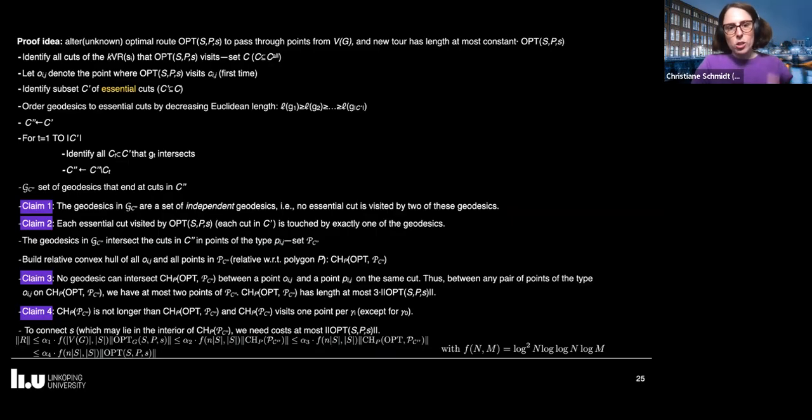The things that we need to show are all of these claims, and I'm not going to do all of them. I'll just do one very easy one and one that has a few more geometric insights, and then we'll finish off. So the first claim was that what we're left with after this filtering out are independent geodesics. So no essential cut is visited by two of these. Why?